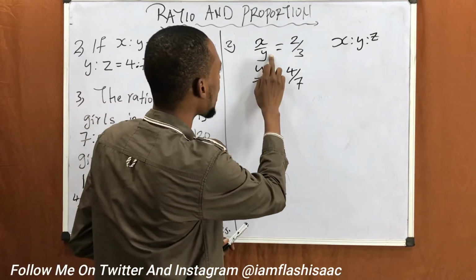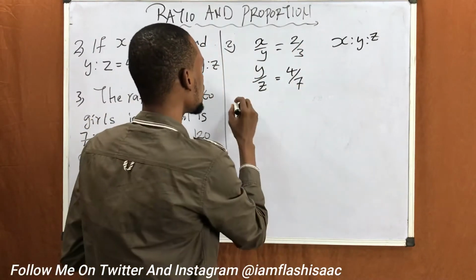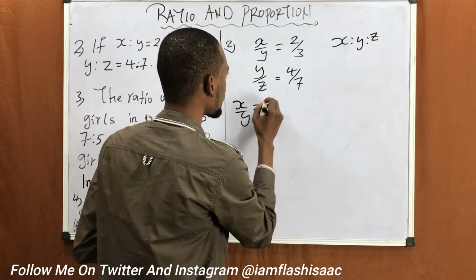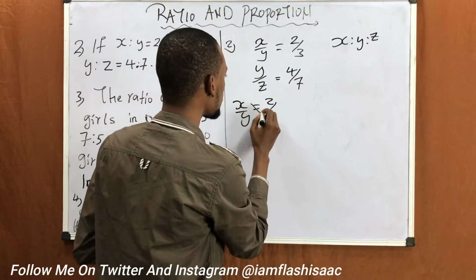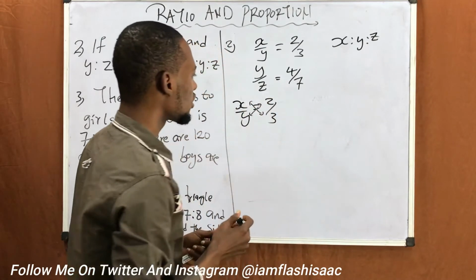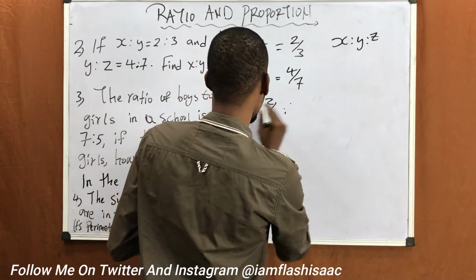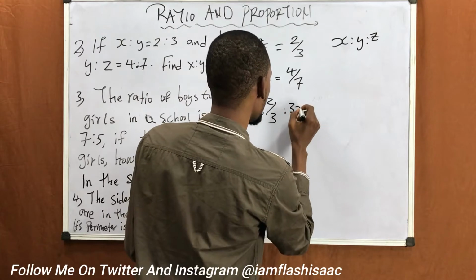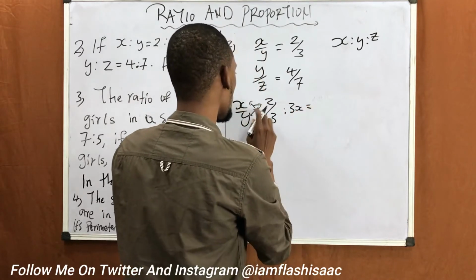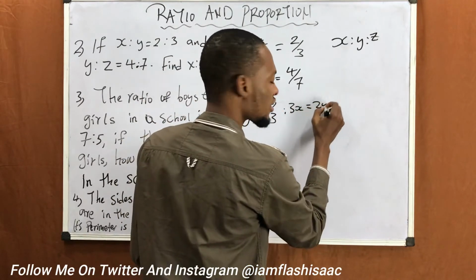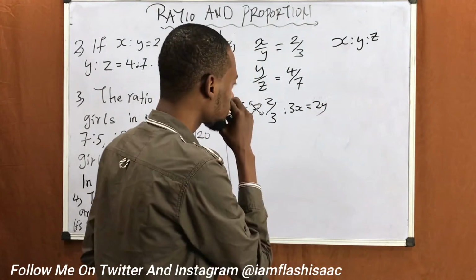Now, look at what I'm trying to say. Since S over Y equals 2/3, we cross multiply this, and you now have something like this. S times 3 is 3S, equals Y times 2, which is 2Y, right? Good.